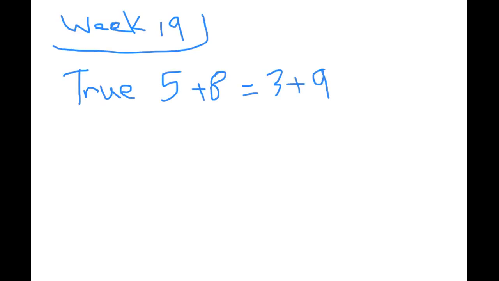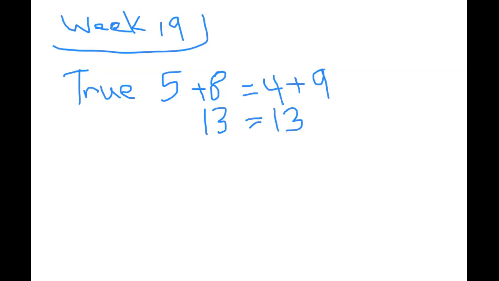Because if we add these, we know that this is 13. I wrote the wrong one; this is 4 right here. So if this is 4 here, then this would be 13, right? So that'd be a true equation.